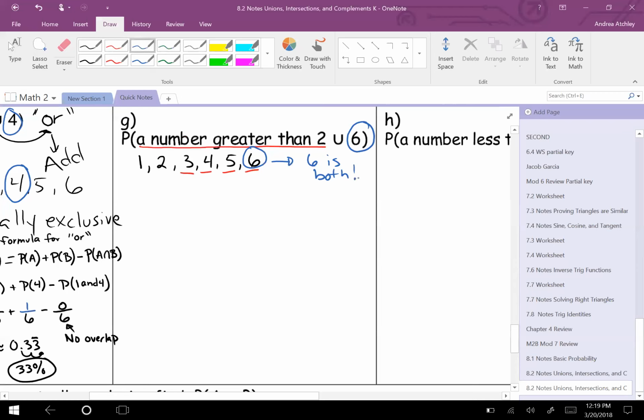Okay, 6 is both. So that means, are these mutually exclusive or not mutually exclusive? Not mutually exclusive, because there's an overlap.